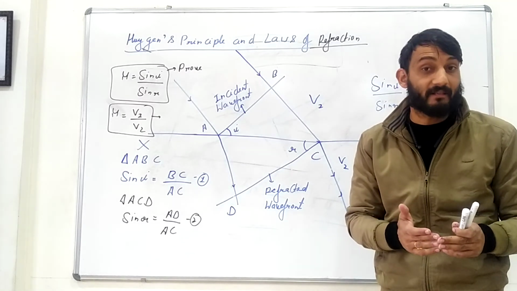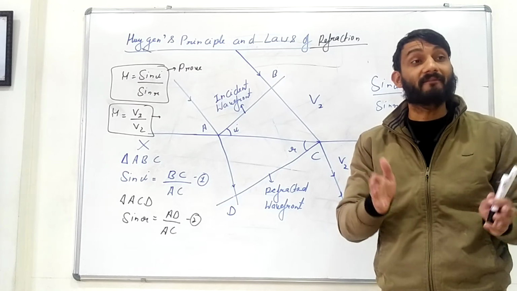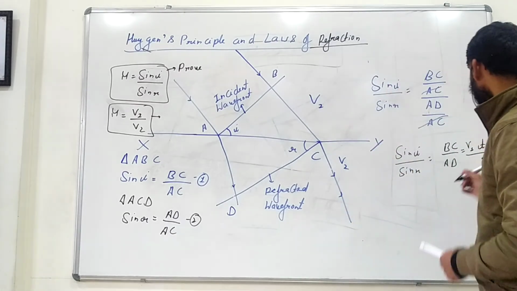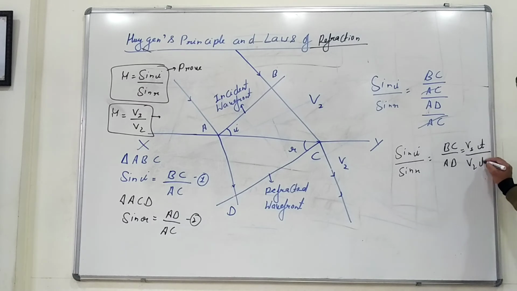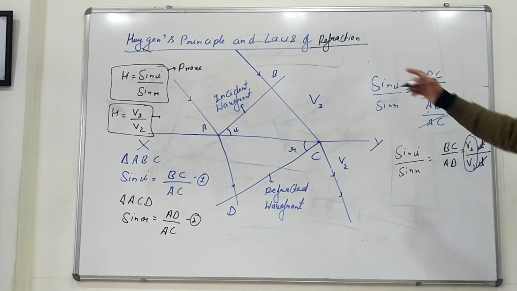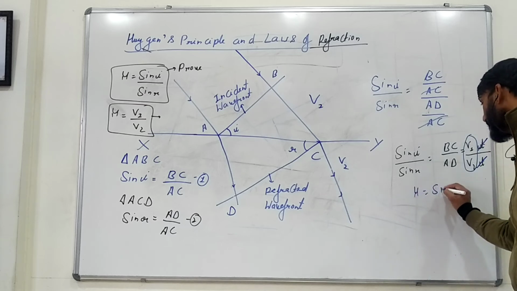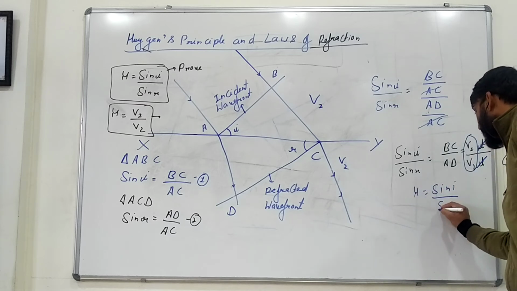Why will they not have any path difference? Because they are at the same phase; they do not have any phase difference, right? Therefore, it will be V2 into T. Why do I get the same time? Again, because they are at the same phase. This T goes off, and V1 upon V2 we already know is equal to mu. So therefore, mu is equal to sin I upon sin R.